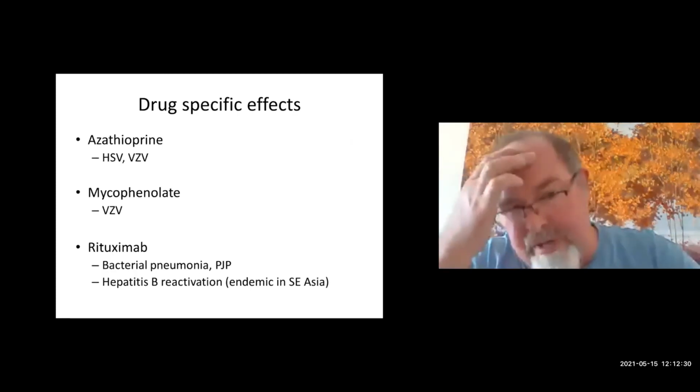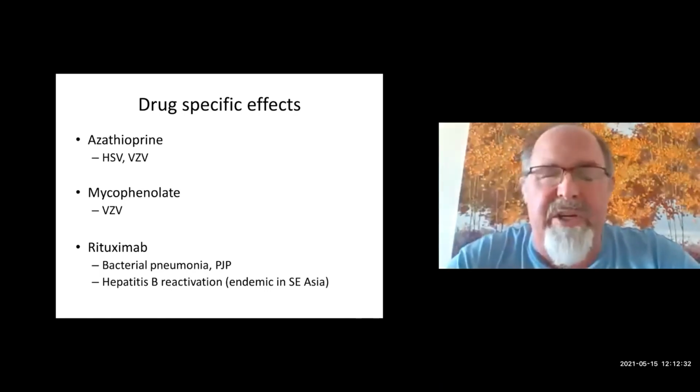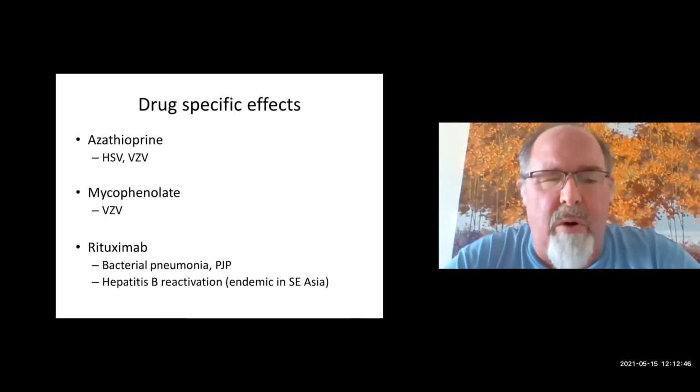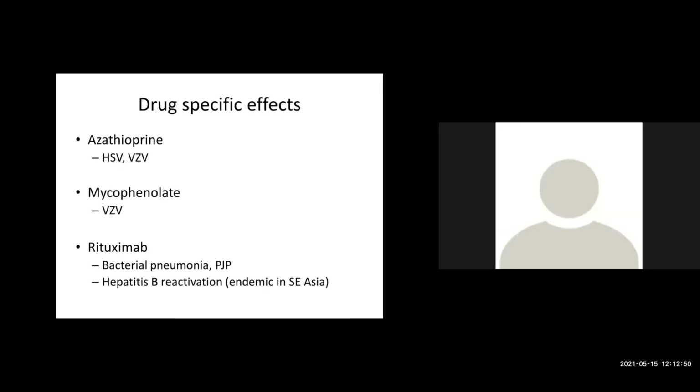There are some drug-specific side effects which lead to increased risk of infection. So a drug called azathioprine, or the brand name for that is Imuran, particularly increases the risk for the herpes simplex viruses, which are the cold sore virus and genital herpes virus, as well as varicella zoster.